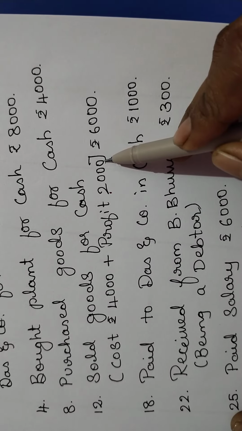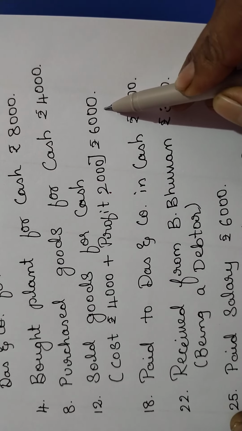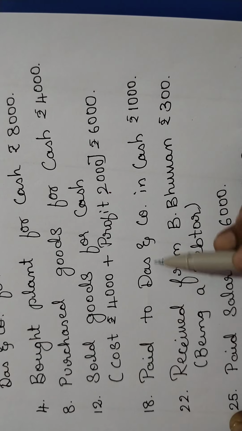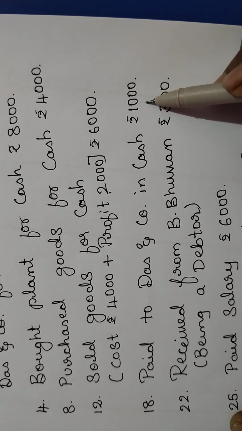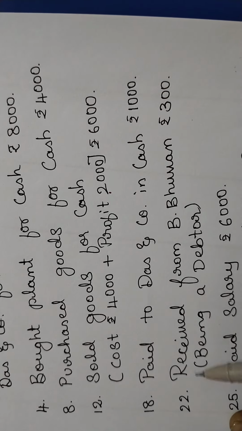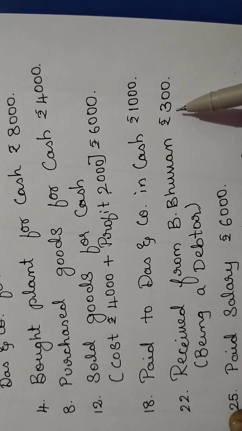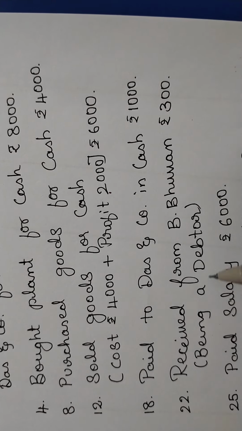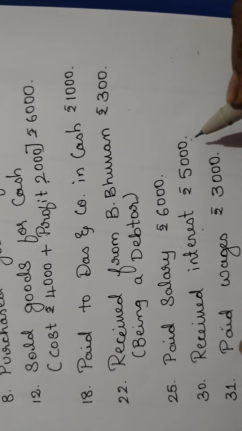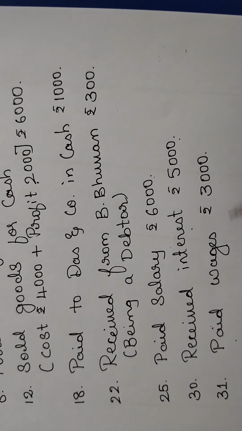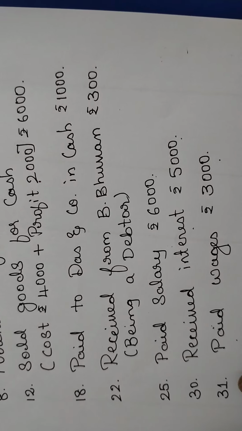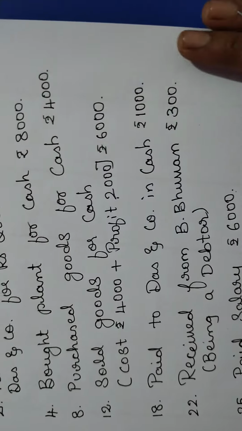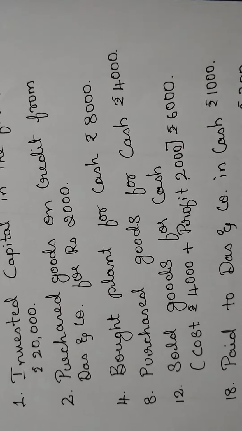Earned a profit of 2,000. The total value is 6,000. Paid to Das and Company in cash rupees 1,000. Received from Bhuvan rupees 300, being a debtor. Paid salary 6,000. Received interest 5,000. Paid wages 3,000. So these are all the transactions which happen in the business in the books of Ramu.